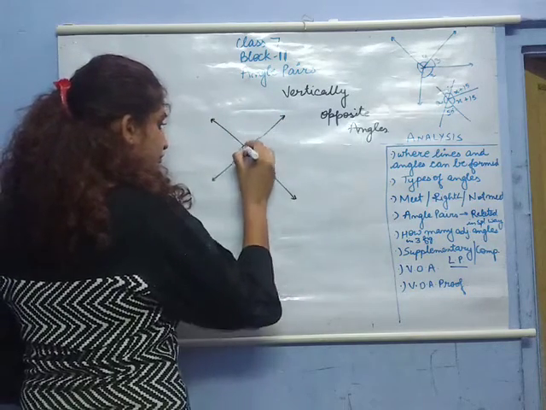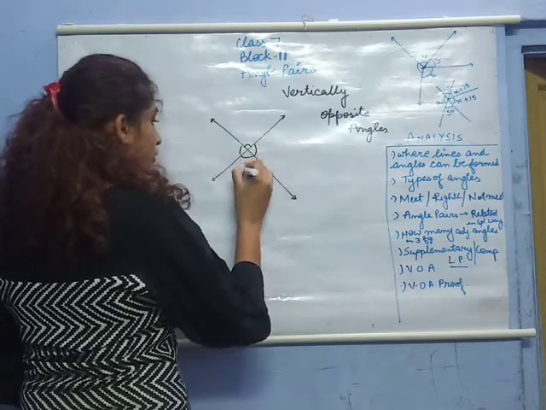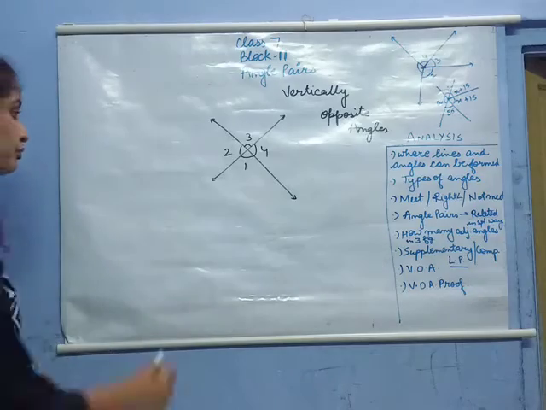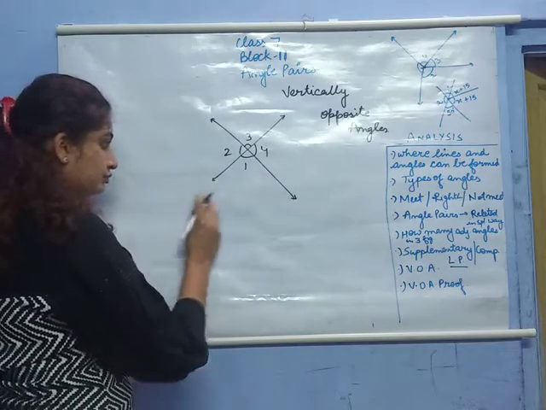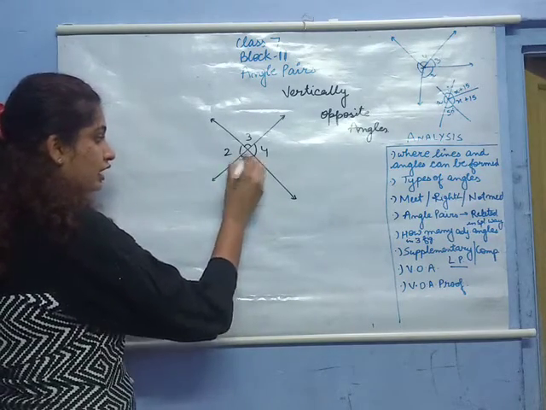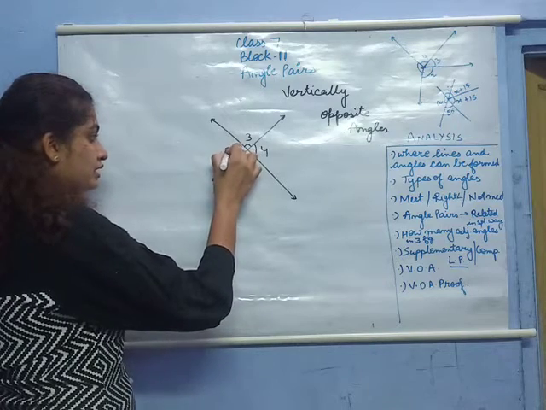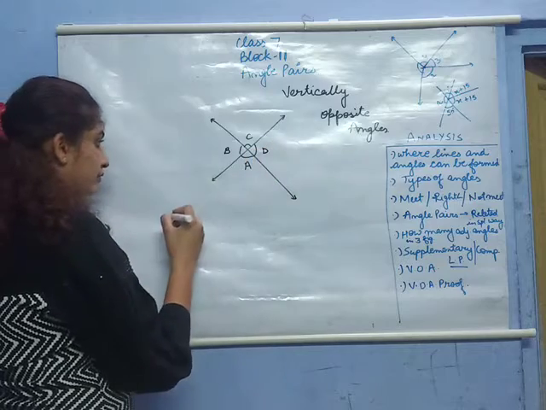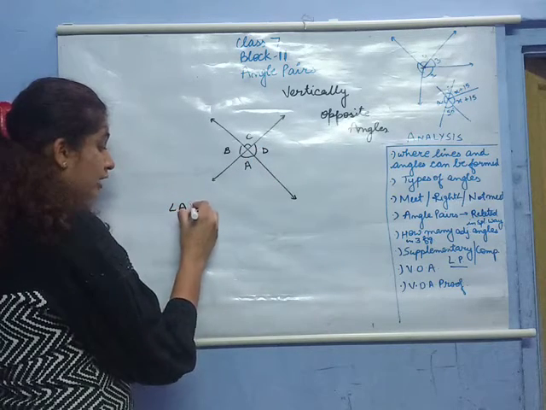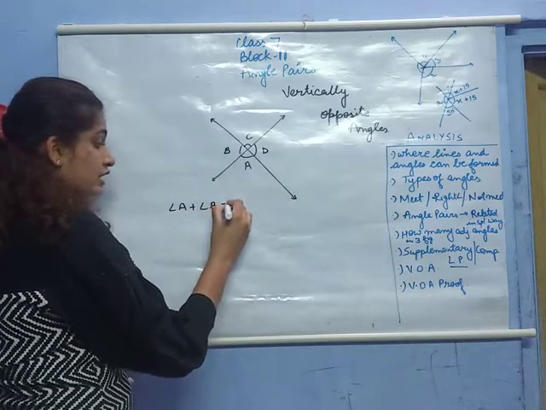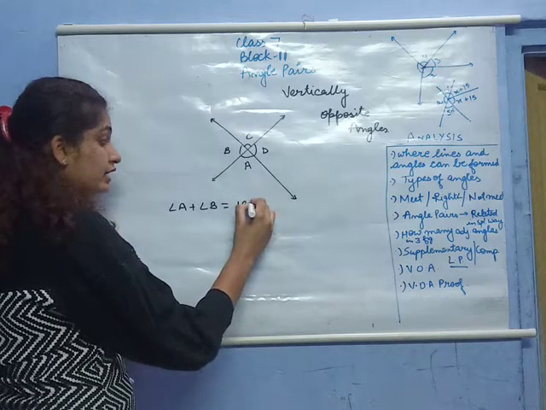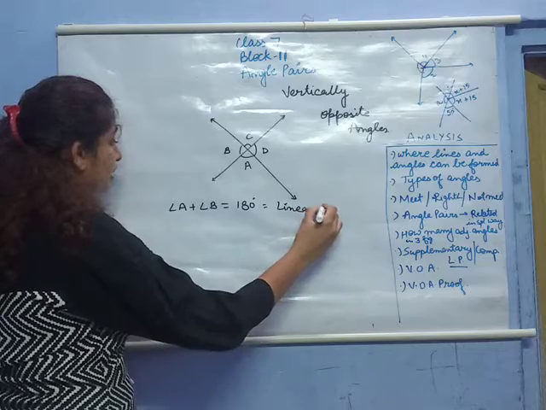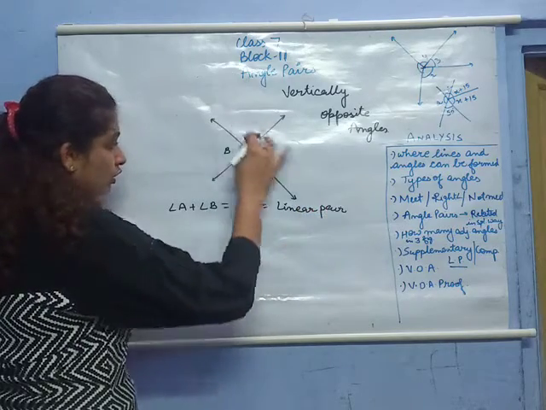Right? 1, 2, 3, 4. Or we can say A, B, C, D. Angle A plus angle B is equal to 180 degree because they are forming a linear pair, on a straight line.